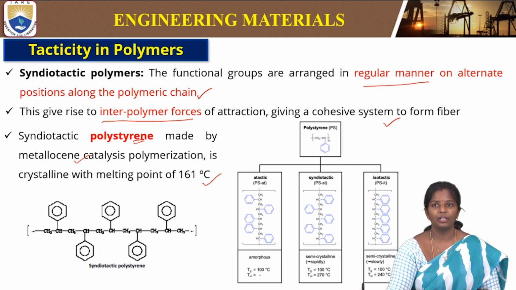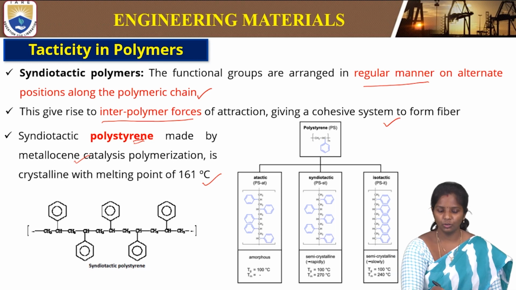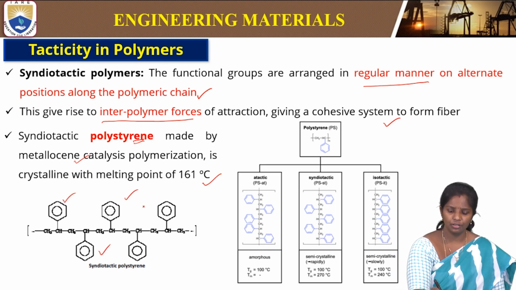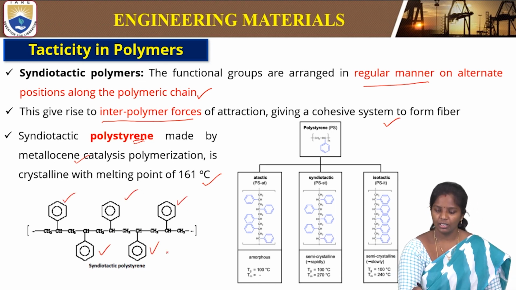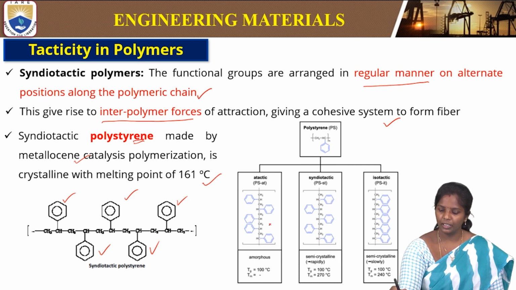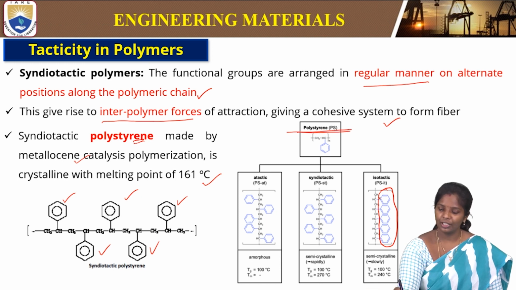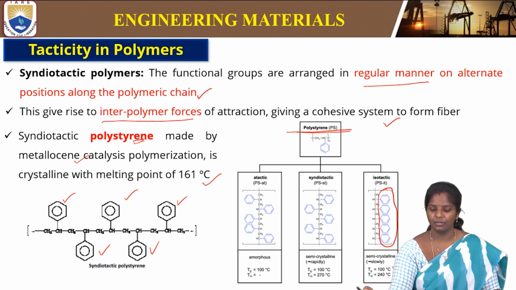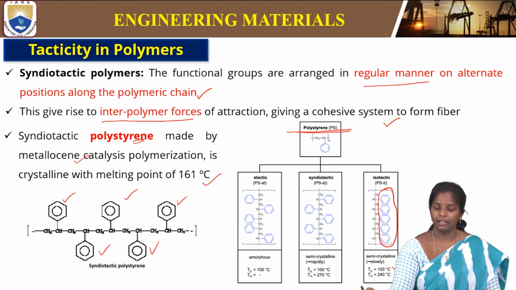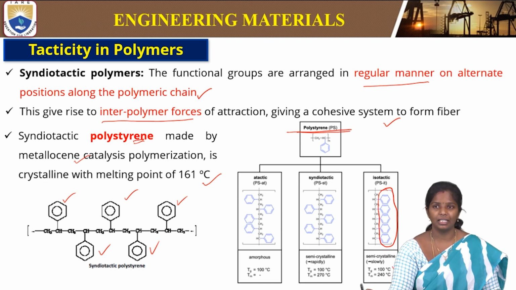For the same example, if we see, these are alternately arranged. For example, if it is arranged on the same side, polystyrene, if we take the same example, if the functional group is arranged on the same side, the melting point is different. So it is semi-crystalline and it forms slowly, and the melting point is 240 degrees centigrade.